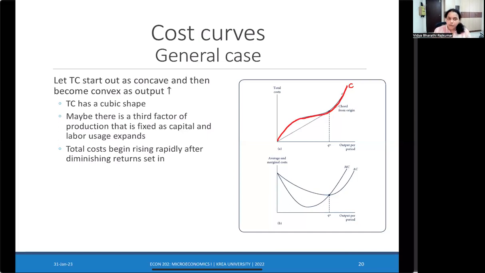When they're productive, you have increasing returns to your business. And so costs increase very slowly initially, because your inputs are quite productive. One more unit of input will give you more output. So costs initially increase slowly. That's this part of your chart.